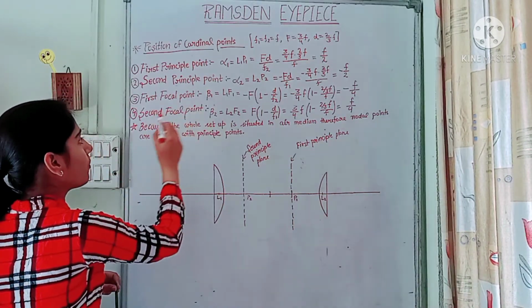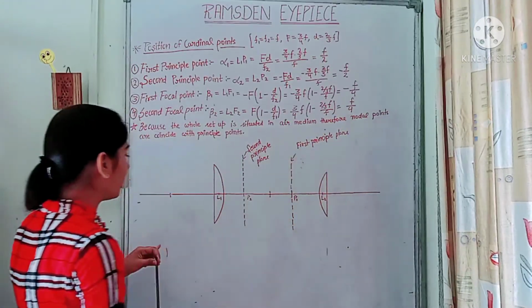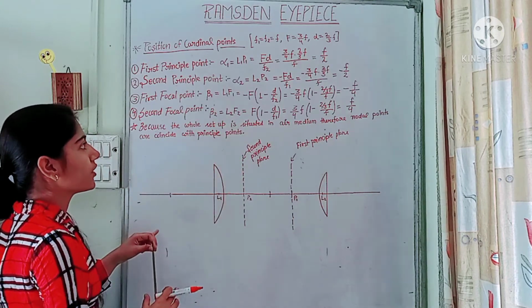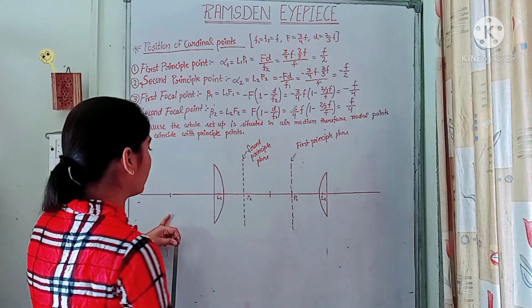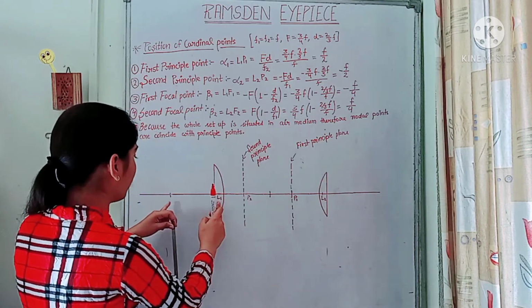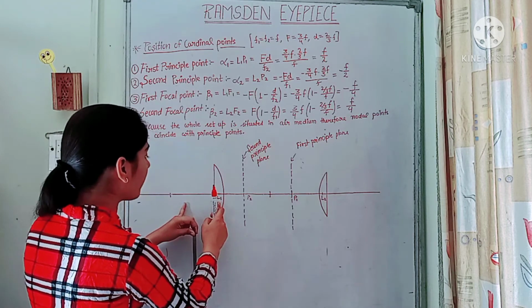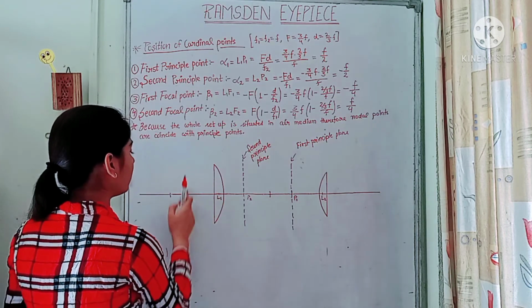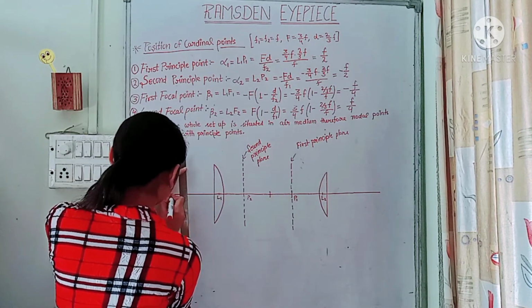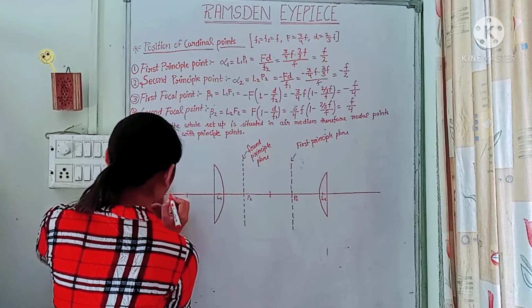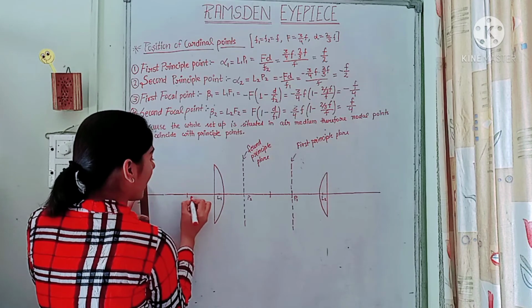Similarly, the first focal point and second focal point. Using these formulas, you get this and this. And now I am drawing these two points. First F1. I am drawing F1 at minus F by 4 from L1. This is F by 3 and F by 4 is less than F by 3, so this is somewhere here. So this is our F1.